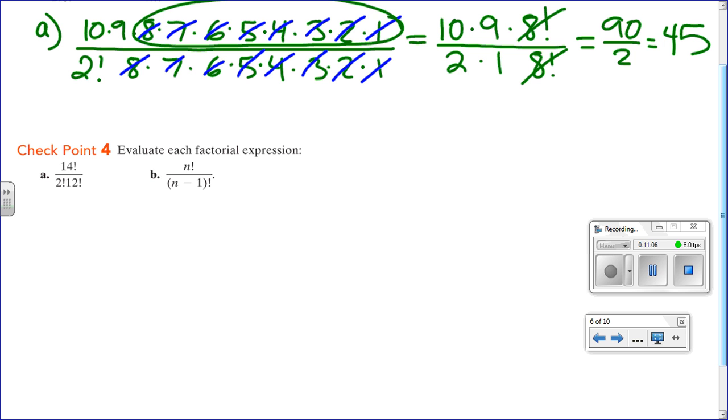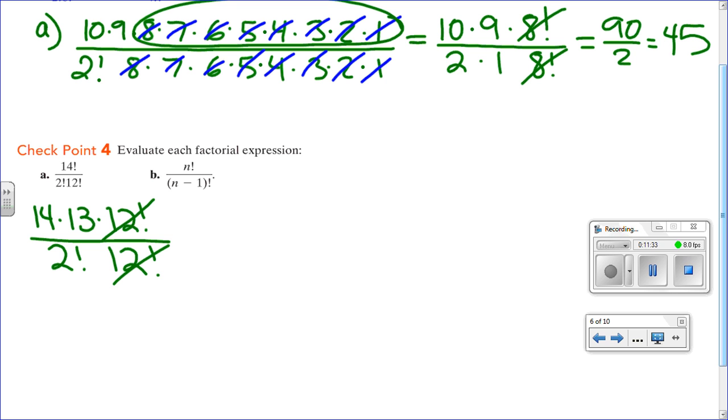So you have 14. So you have to start with 14 times 13, and then instead of going all the way from 12 all the way to 1, we can shorten that by using 12 factorial. And then here we have a 2 factorial in the denominator, but we also have a 12 factorial, and that's why I decided to stop at 12, right?